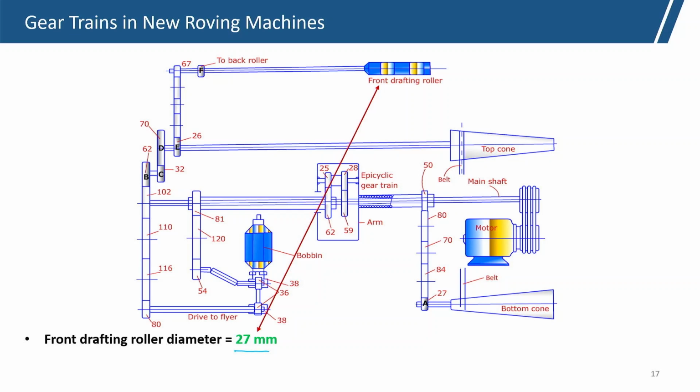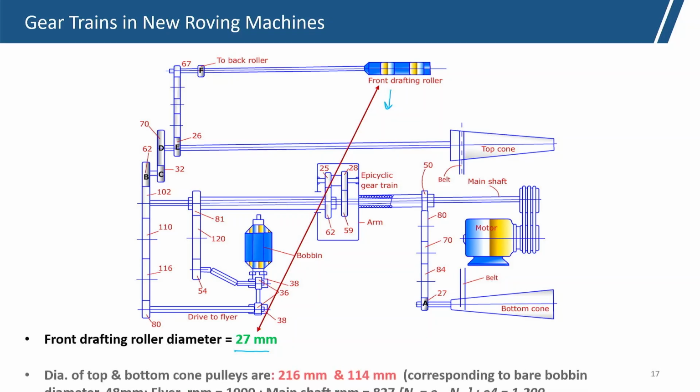The front drafting roller gets driven from the main shaft. We will try to get the front delivery speed and the winding speed, and see the stretch or maybe relaxation. For that we need to calculate the front roller delivery speed from the gearing diagram given.